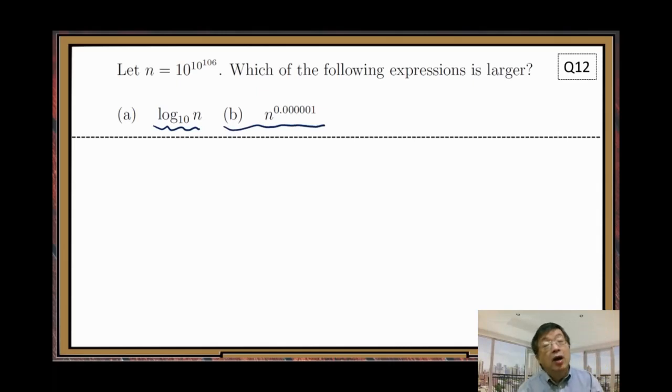But in this question, I changed it a little bit. I want you to do the comparison for a specific number, n. So then you need to do the calculation. Otherwise, you don't know which expression is larger.